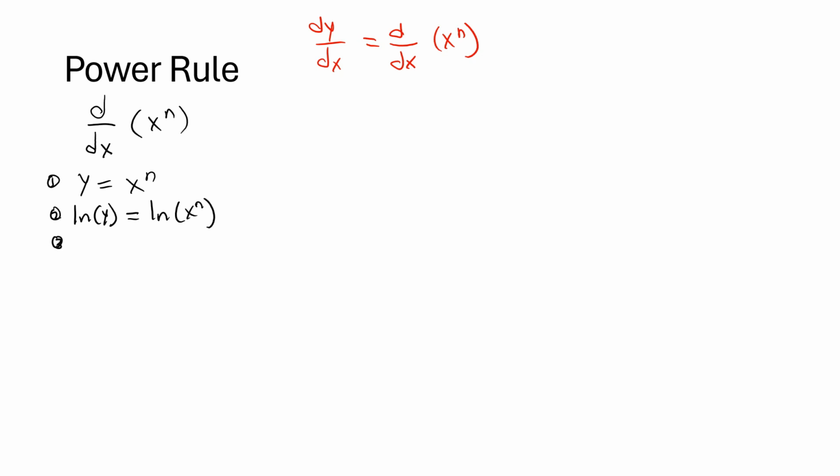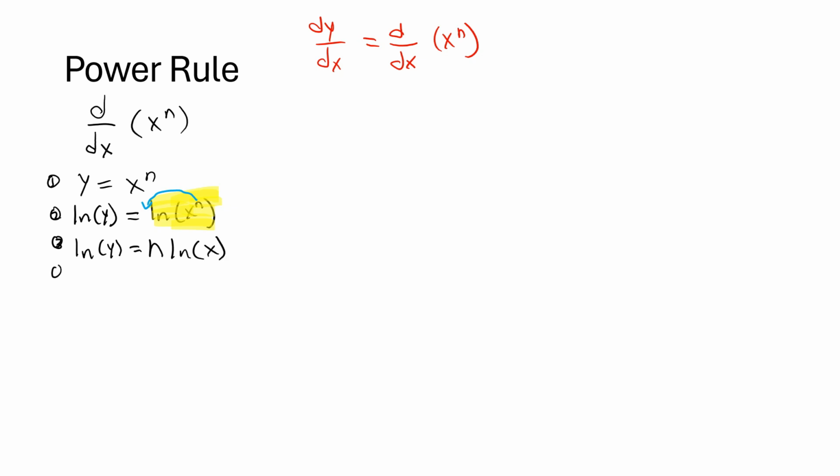Our third step is to simplify the right side here using properties of logarithms by bringing this n down. Okay, so then we'll get ln of y equals n ln of x.